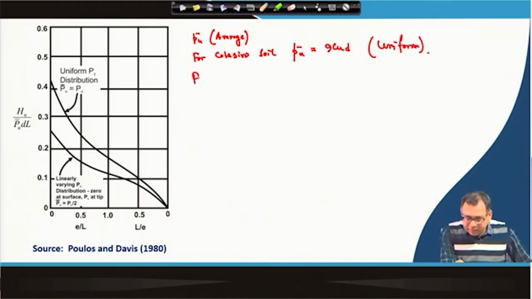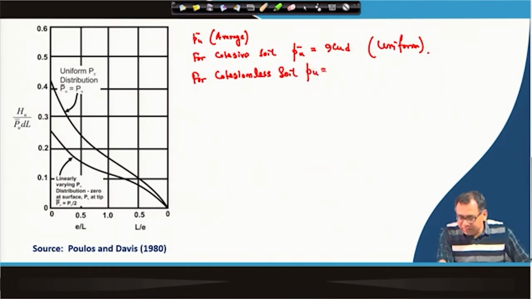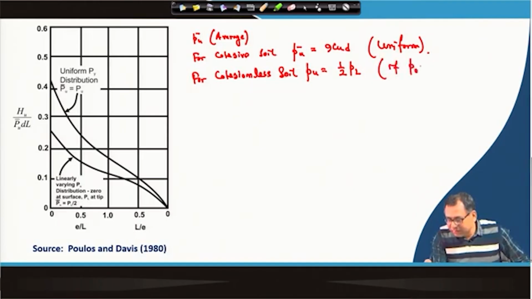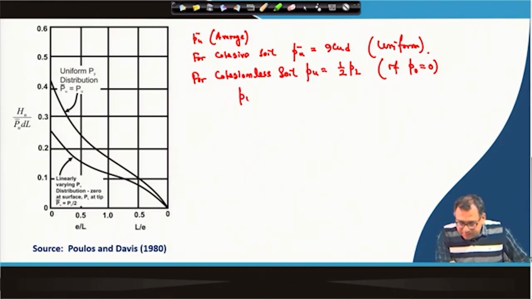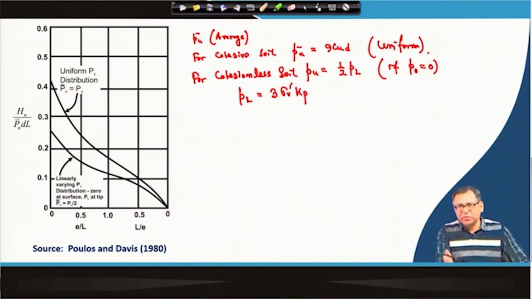And for cohesionless soil, P U is nothing but half into P L, as I mentioned, if your P 0 is equal to 0 and P L is equal to 3 sigma V dash K p, because that is assumed for the cohesionless soil.